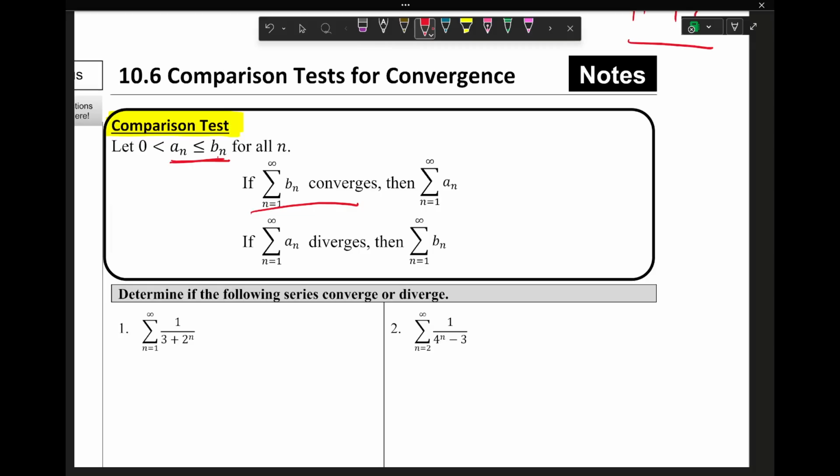Converges means it heads to a number. So pick a number. 2. Okay, let's say this converges to 2. If this converges to 2 and a sub n is less than that, it's less than 2, then it also has to converge.